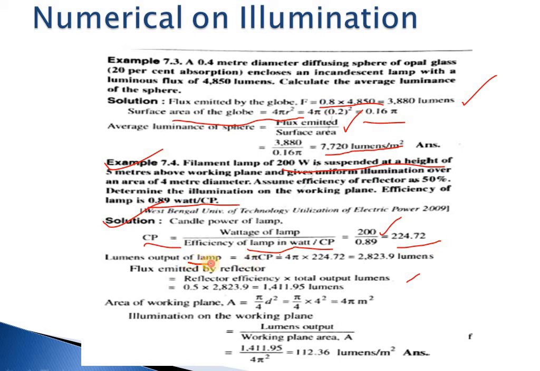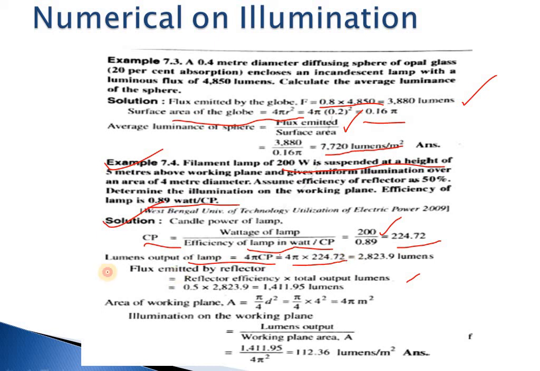Now we have to calculate the lumens output of the lamp, that is 4 pi C. So it will be 4 pi into the CP we have already calculated, that is 224.72. So it will be 2823.9 lumens.